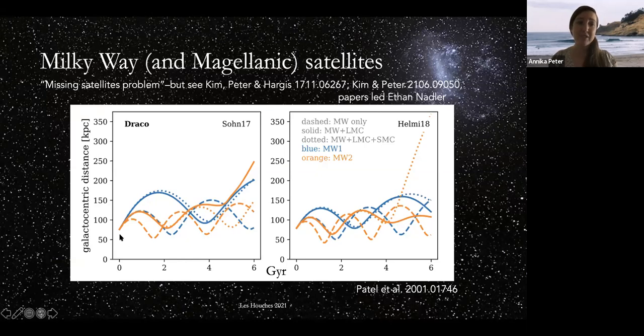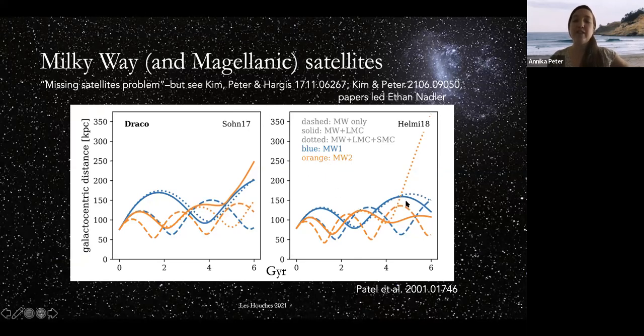She's taking the position and velocity coordinates that we measure today. In this panel taken from a paper by Tony Sohn, and in this case from a paper by Amina Helmi, that was the first Gaia data release paper. And she's basically showing what the orbits of the Draco dwarf galaxy look like for different mass models of the Milky Way. Here, blue and orange represent 2 different halo masses of the Milky Way.